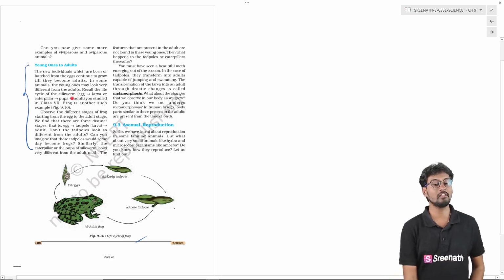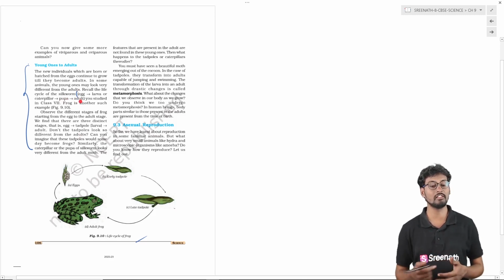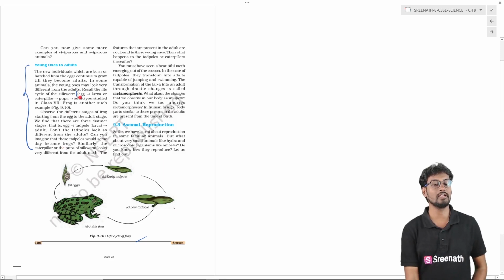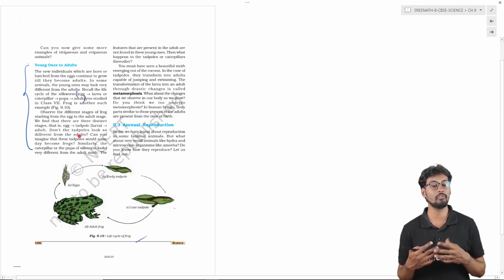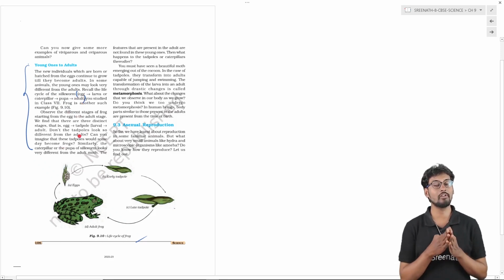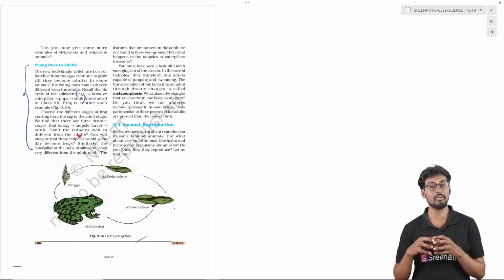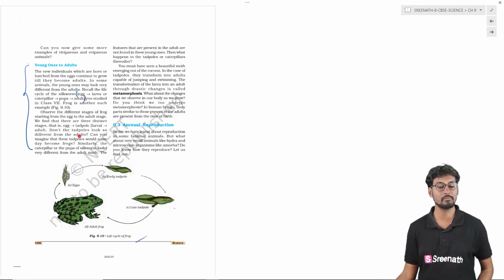For example, in the case of the silkworm, the eggs convert into larva, the larva generate the pupa, and finally the adult forms out of the young one. So here we can see eggs, larva, pupa, and the adult, where complete transformation has been observed.